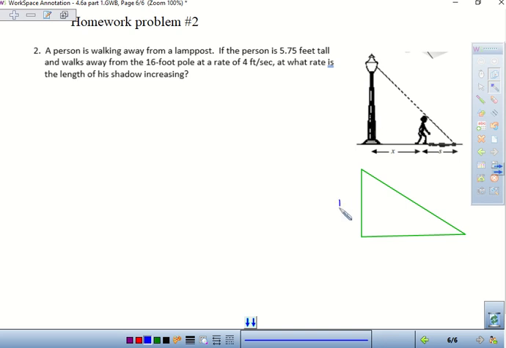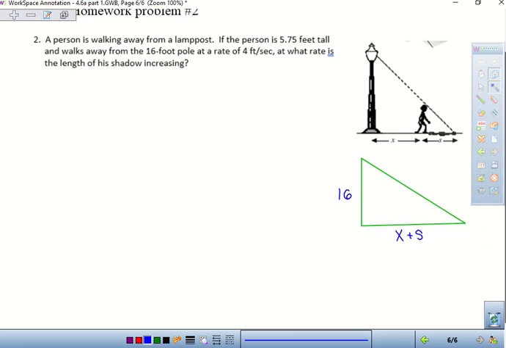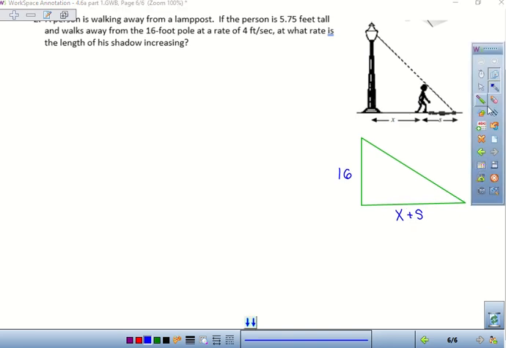No, so that one we can put the value in immediately. So anything that's not going to change, you can put in prior to taking the derivative, okay? What is the length of this horizontal side? If it's x, this piece is x and this is s, x plus s. Now the hypotenuse doesn't really come into play in this problem, so we kind of just leave it blank.